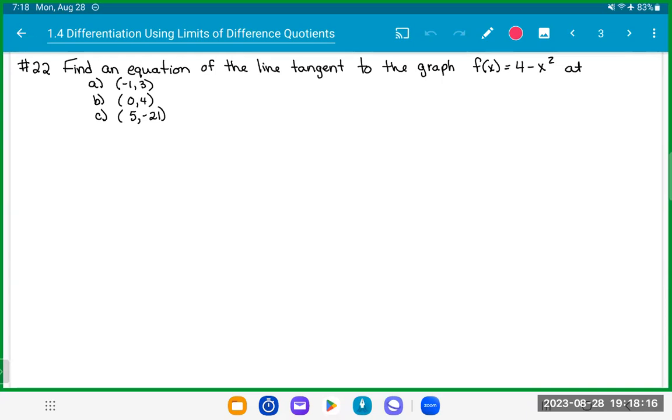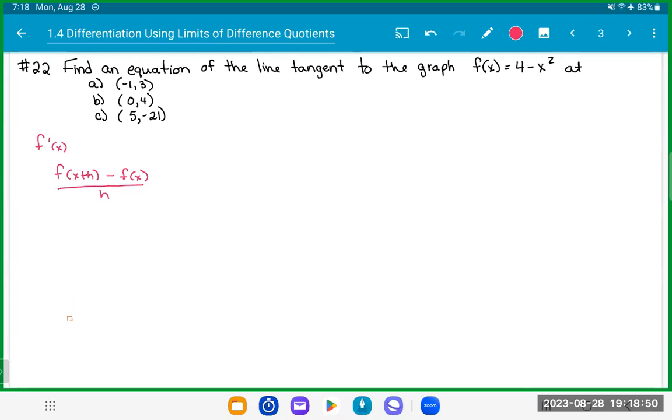Okay. So the first thing that we need to do is find f prime of x, right? Remember, to do that, we need to know what f of x plus h minus f of x divided by h is, and then take the limit of that.